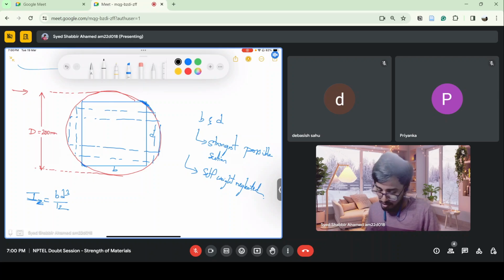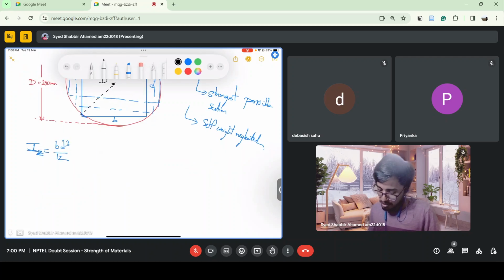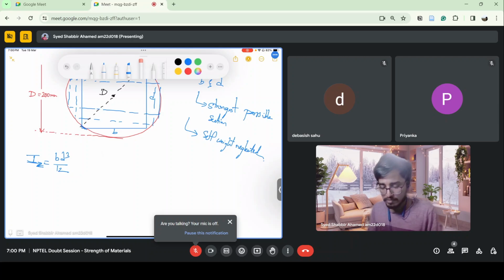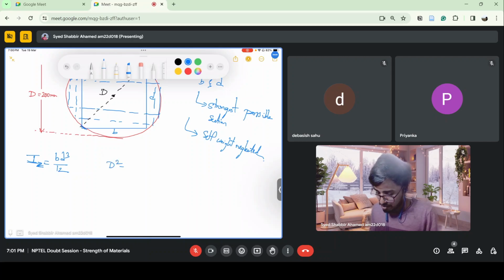So let's say this is our constraint. This is the dia. You can take it as a right angle triangle, and we can see that D square should be equal to b square plus d square.